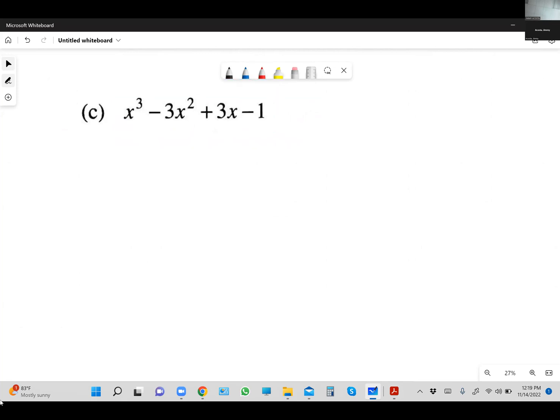How is this going to look, guys? It's to the third power, so it's like an S, like a slurve maybe. But let's see what it is.